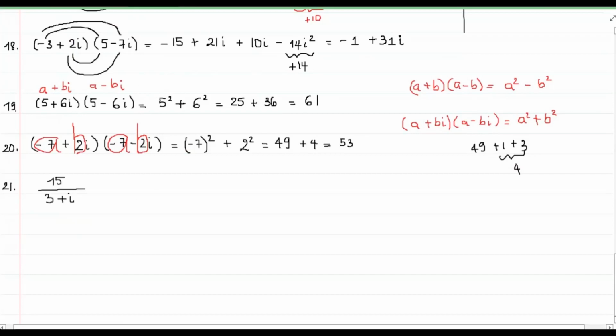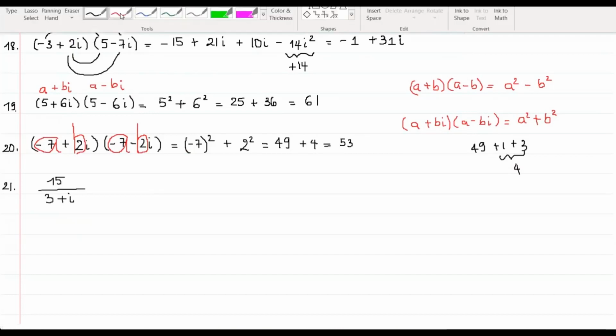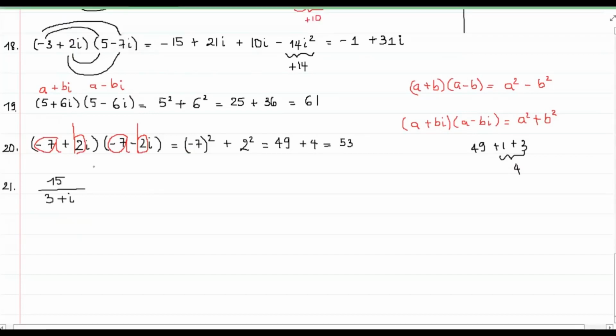In this type of question, we need to use the conjugate, right? So how it works is we multiply by the conjugate. So 3 minus i is the conjugate, but remember to multiply the top and bottom by the same thing, so when you cancel out, it doesn't change the question.